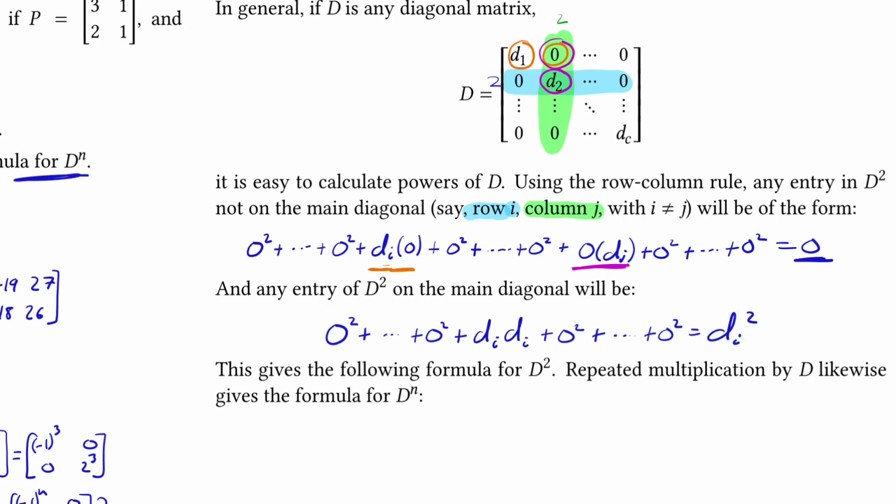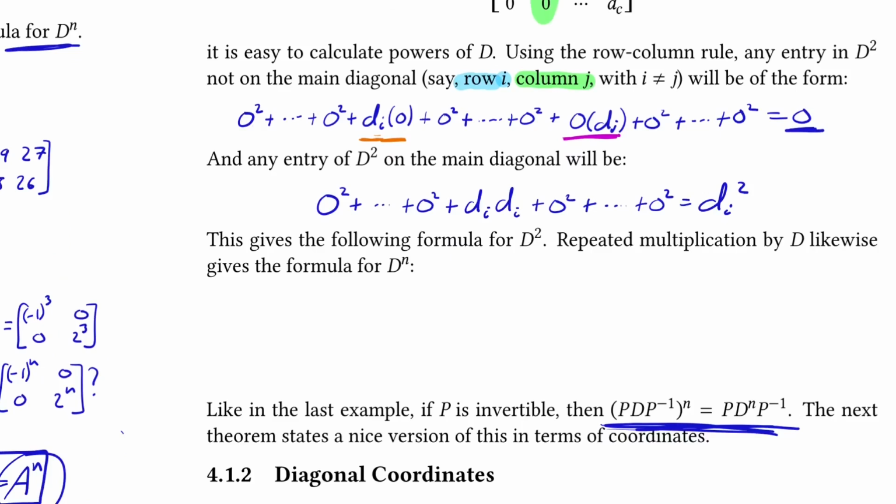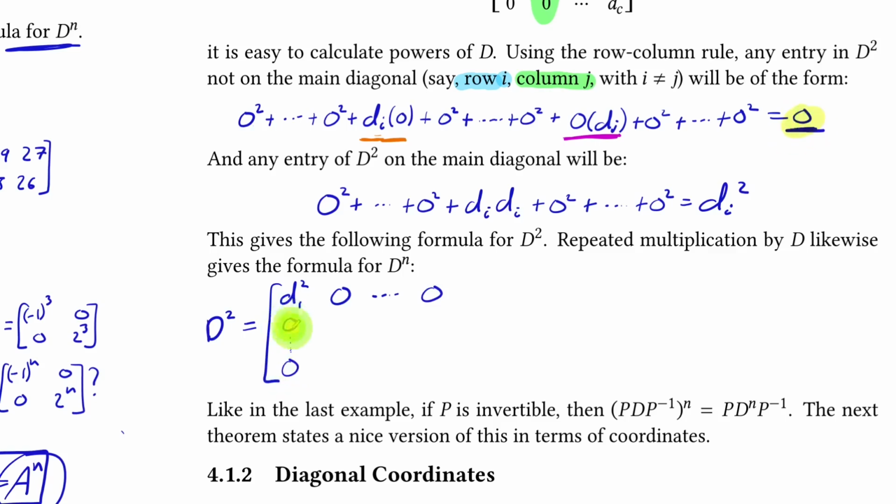So this tells you what every entry in D squared is for any diagonal matrix D. It's still going to be diagonal because everything that's not on the main diagonal came out to be 0, like this. Everything that is on the main diagonal just comes out to be that di squared.